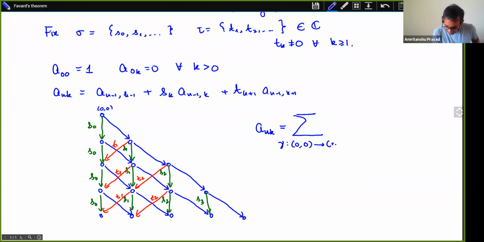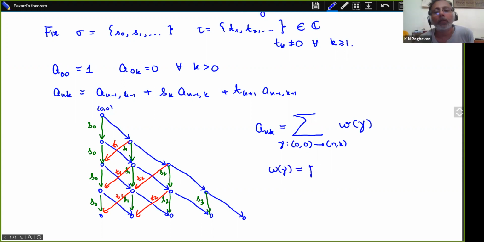We talk about directed paths, where the weight of a path is the product of the weights of the edges that form the path. Okay, so the blue edges have weight 1, so I've not written them at all.